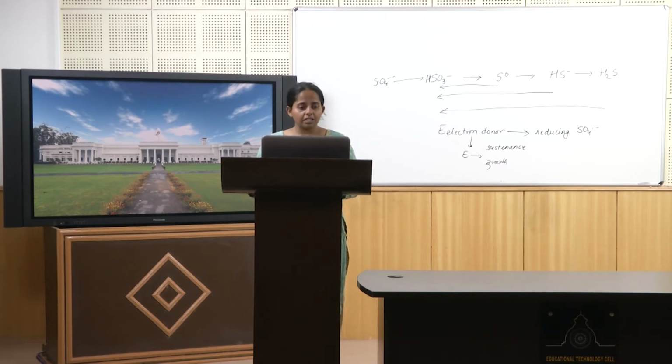Green sulfur bacteria and green non-sulfur bacteria are similar examples of phototrophs that we covered in the previous lecture, and they do not metabolize sulfur as their primary source of energy.